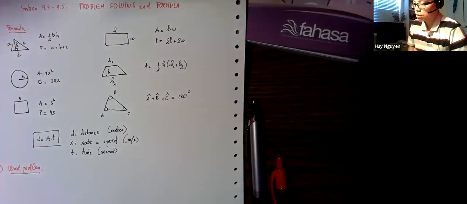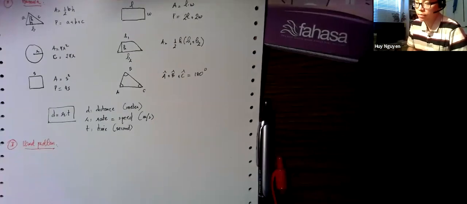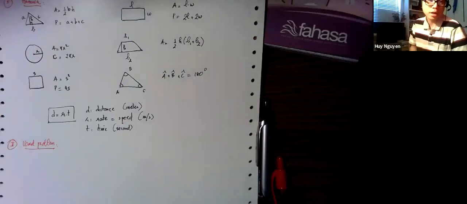The general strategy when you do any word problem, as I already said last time in class, is that you have to read the problem and try to understand it, use all the numbers given in the problem, and set up an equation. How do you set up the equation? You can use the formula here, or you can set it up with your own logic.